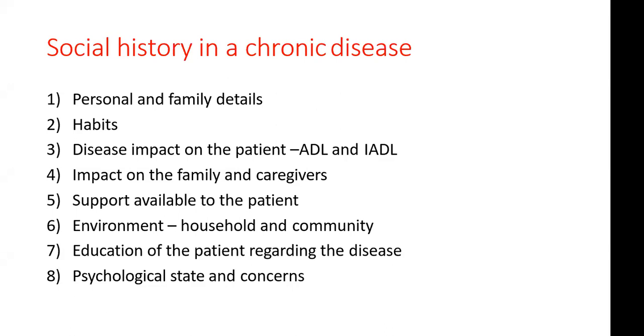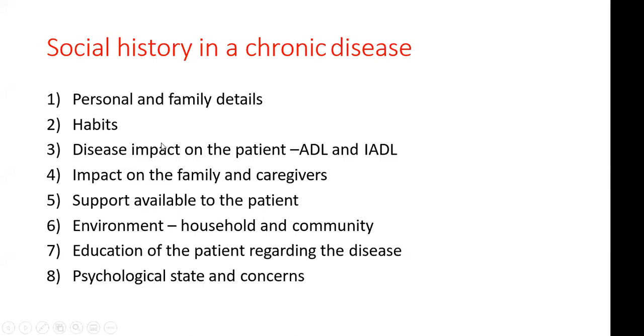It is essential that you talk about the environment, right? The household, whether there are steps in the house, where the toilet is, that sort of thing is very, very important. And then the education of the patient regarding the disease, and also the psychological state of the patient. You don't have to do a psychiatric history here, but look out for symptoms of depression and suicidal ideas.